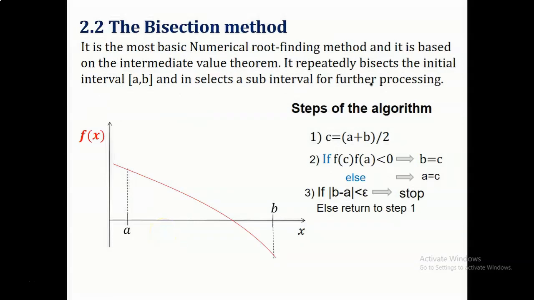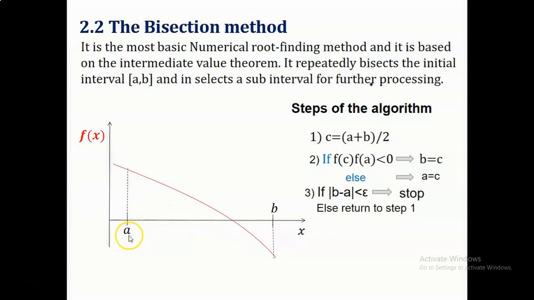Now I will present the bisection method, which is the most basic numerical root finding method, and it's based on the intermediate value theorem. It consists of bisecting the interval [a, b] into smaller and smaller intervals.